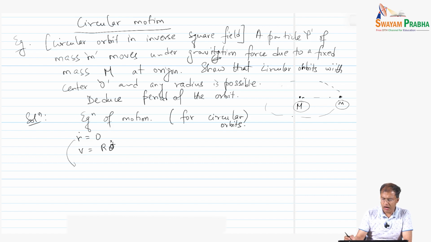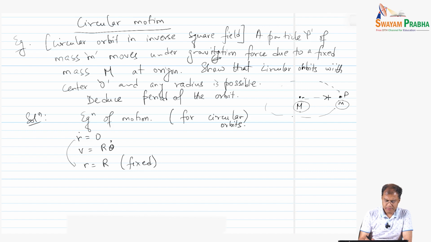R dot means the rate at which the radius, the perpendicular distance between the masses, is changing. R dot is 0. So this first equation is telling me that R is capital R, which is a fixed quantity. So the small mass particle P is exhibiting a motion with a fixed radius.